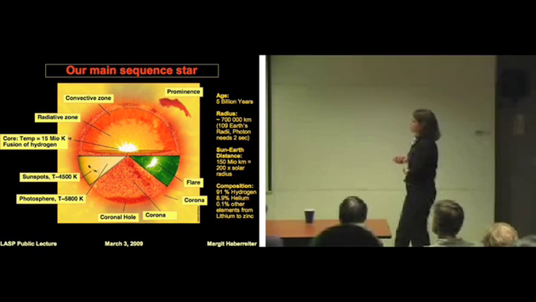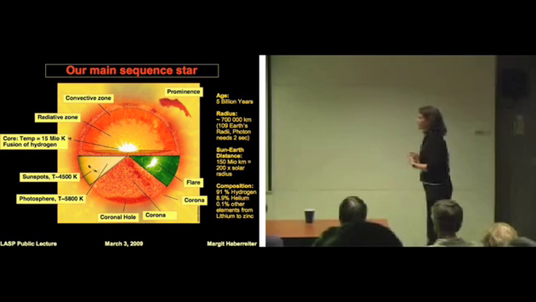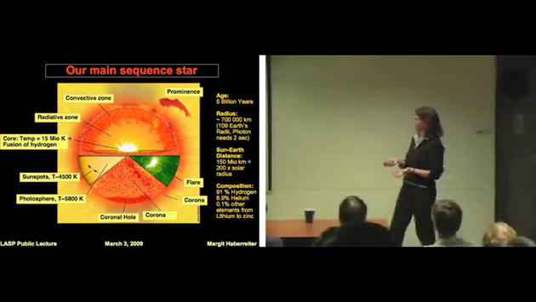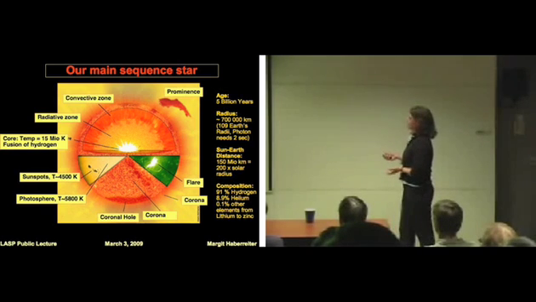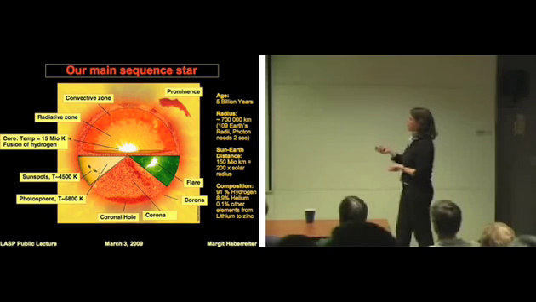Just to give you a few numbers, the radius is of the order of 700 megameters, so 700,000 kilometers, which is around 100 Earth diameters.